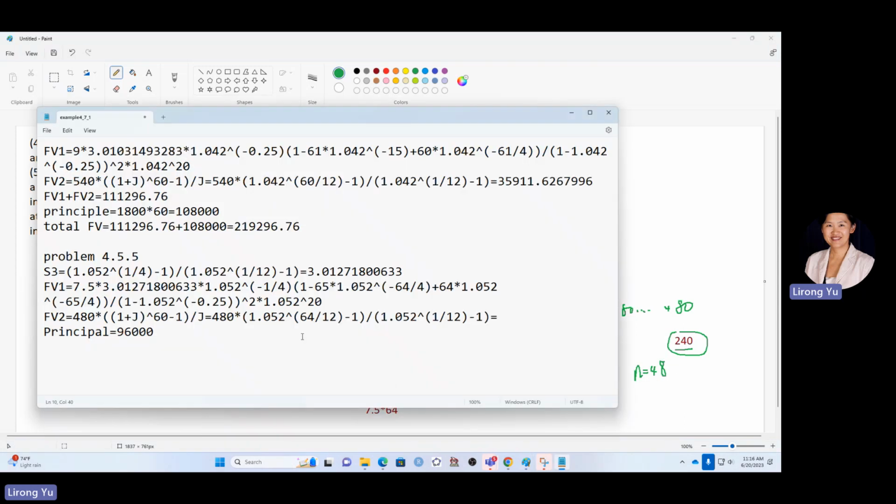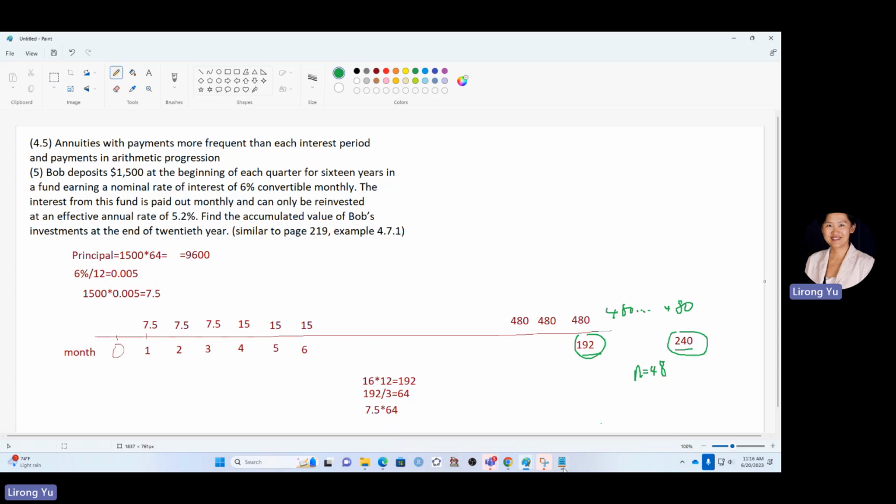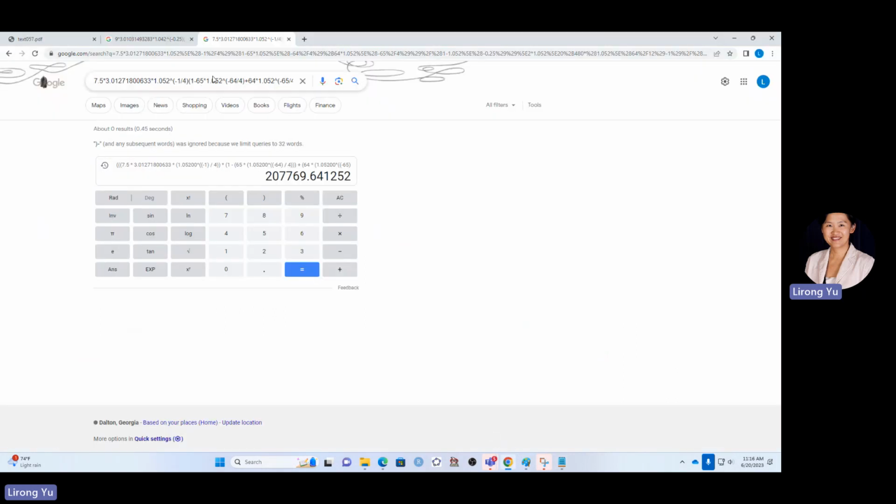So over here, it's not 64, it's 48, right? So we're going to adjust the number of payments. So it's not 64, it's 48.